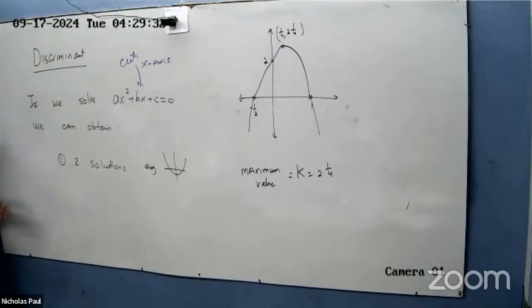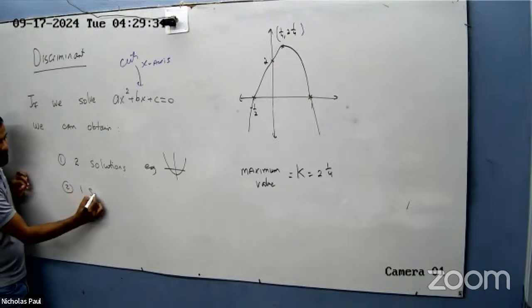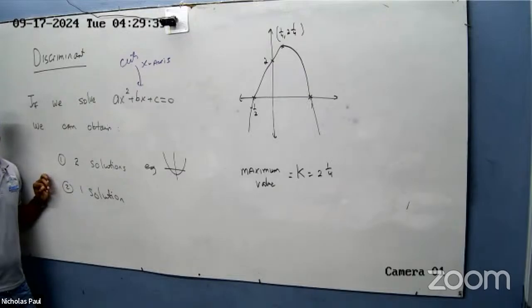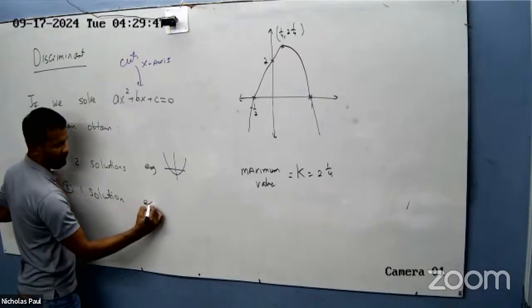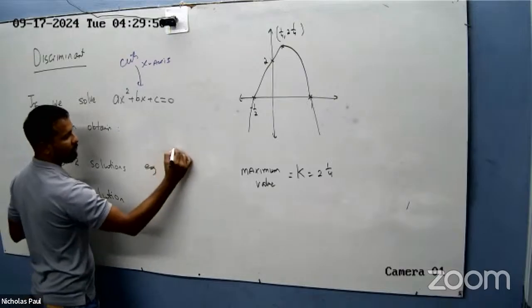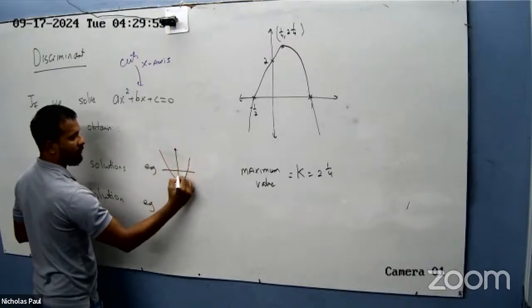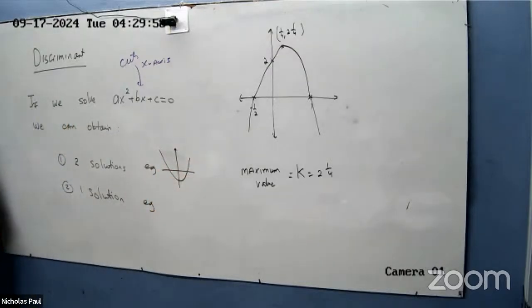Suppose it was one solution. How will it look? Still a quadratic. It can only touch the x-axis how many times?